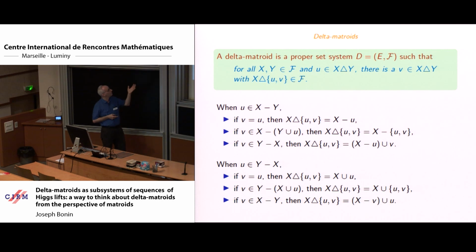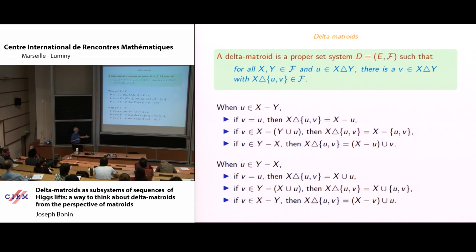So we could pick an element u that's just in x. If u is equal to v, in that case, we'd just be taking u out of x. We could potentially pick v to be another element that's just in x, in which case we're removing two elements from x. Or if we have v just in y, we're doing what we think of as an honest exchange, the exchange we're used to.